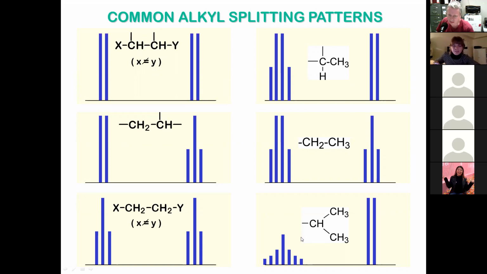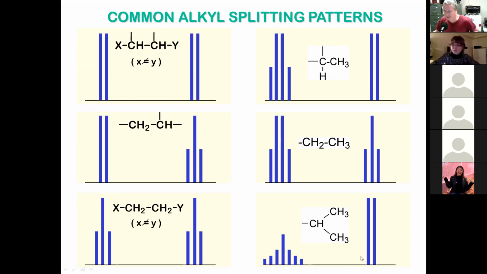Septet. And that's how many peaks? 1, 2, 3, 4, 5, 6, 7. So that's a septet, right? And then this doublet's going to be really big because there's 6 protons. It's 2 methyls. Of course, it's a doublet. Why is it a doublet? Because there's a single proton next door, right? All right, cool.